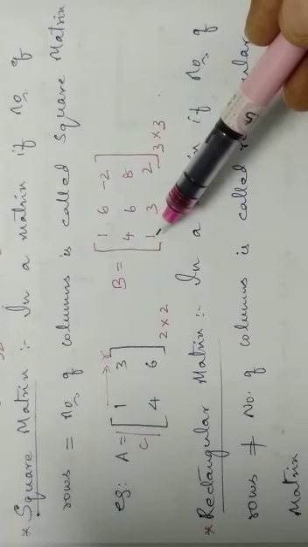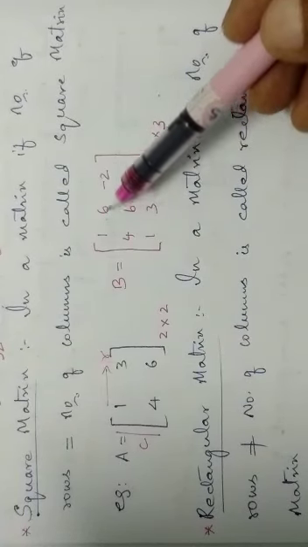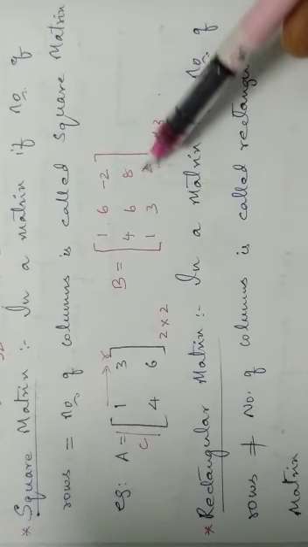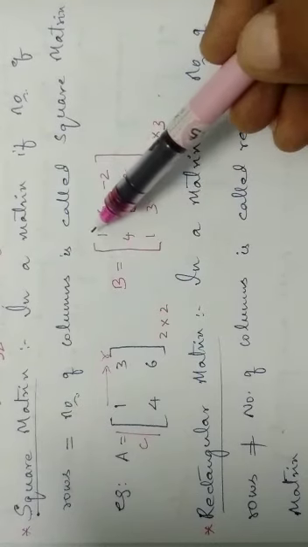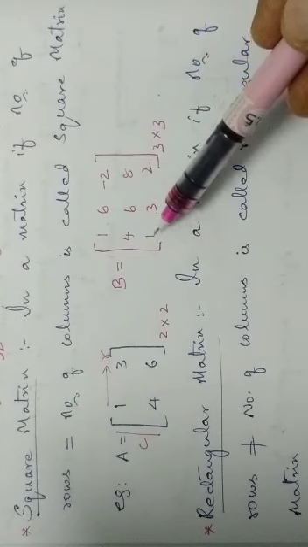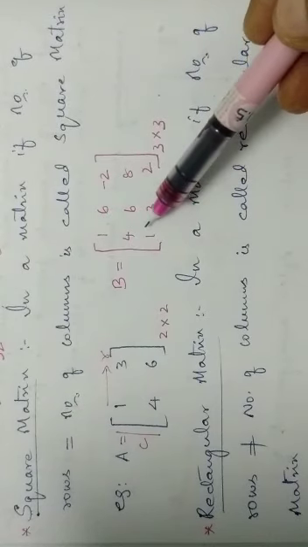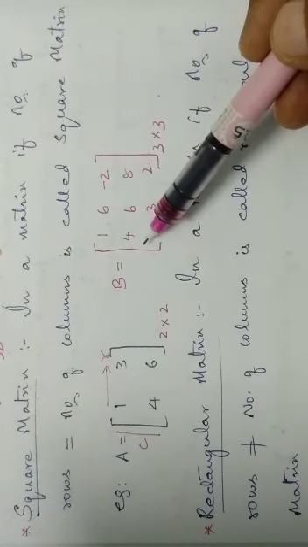This 1 is located in third row. First row, second row, third row. So third row. In which column it is located? First column. So the position of this 1 is 3, 1 position.